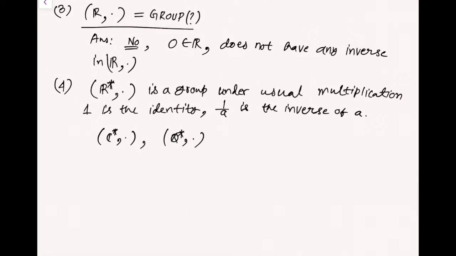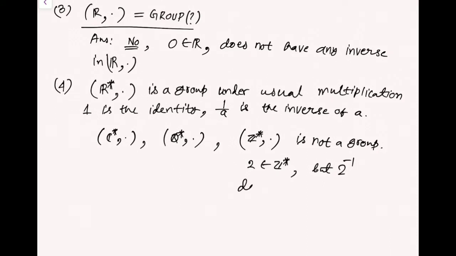Q star with dot is also a group, but Z star with dot is not a group, because 2 belongs to Z star, but 2 inverse does not exist in Z star.